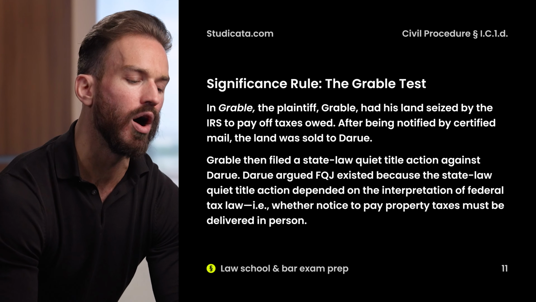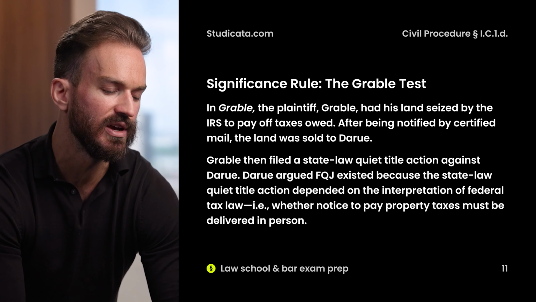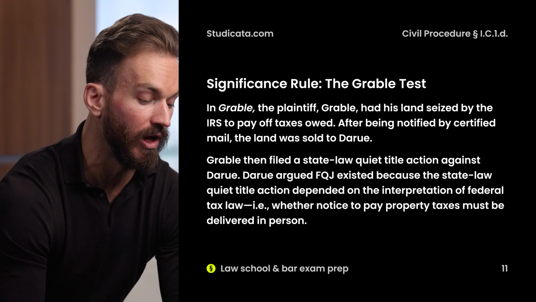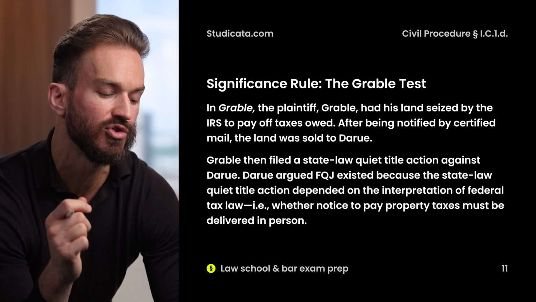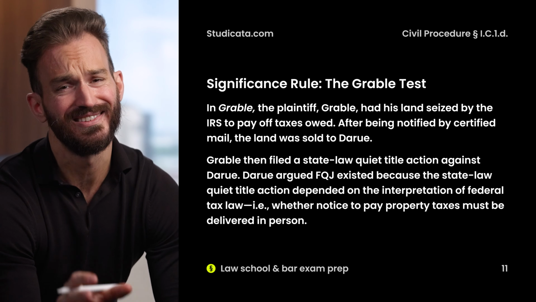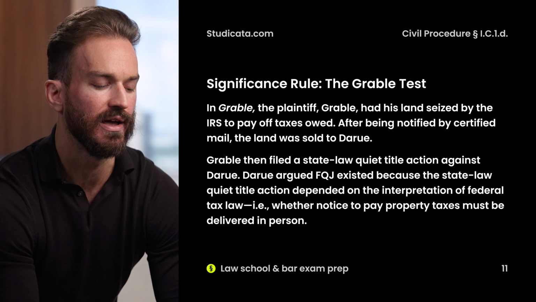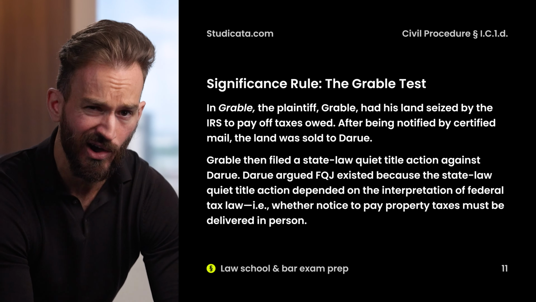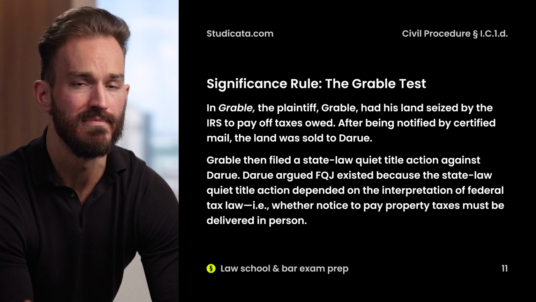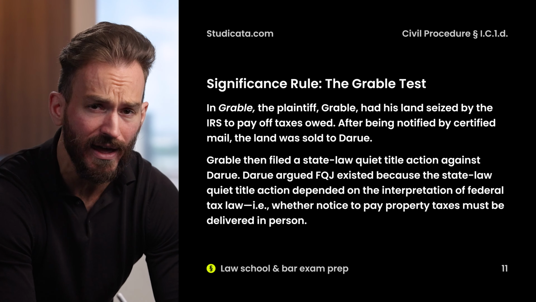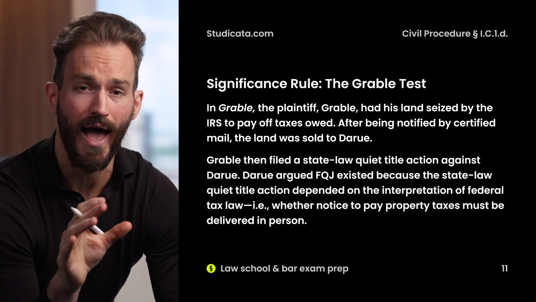So Darue argued federal question jurisdiction existed because the state law quiet title action depended on the interpretation of federal tax law, basically whether notice to pay property taxes must be delivered in person or by certified mail. Okay, so this is another example where we have the plaintiff filing a state law action, right?